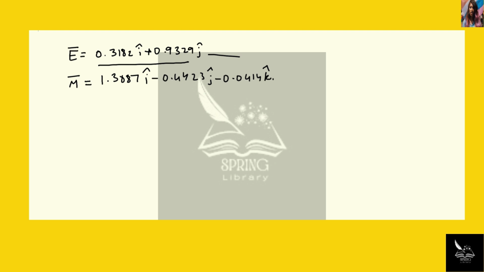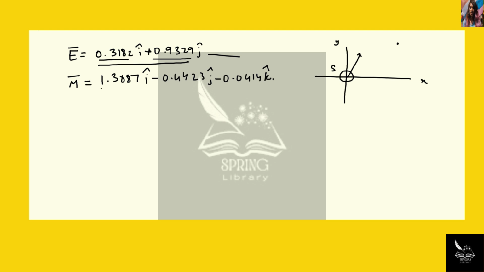Now, for part A, we need to sketch this diagram. Let's, as usual, choose the x-axis horizontally and the y-axis vertically. This is our Sun. For Earth, we have a small x component and a very large y component, both of which are positive. Hence, we expect it to be in the first quadrant, something like this.